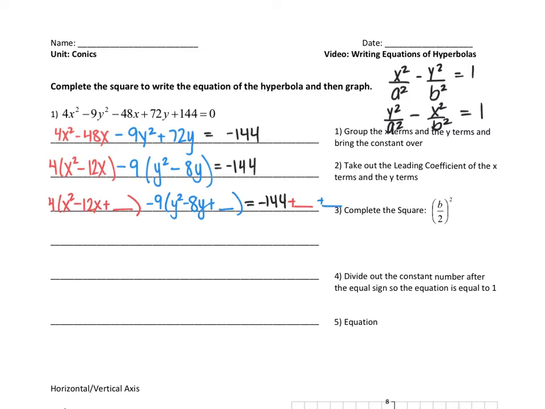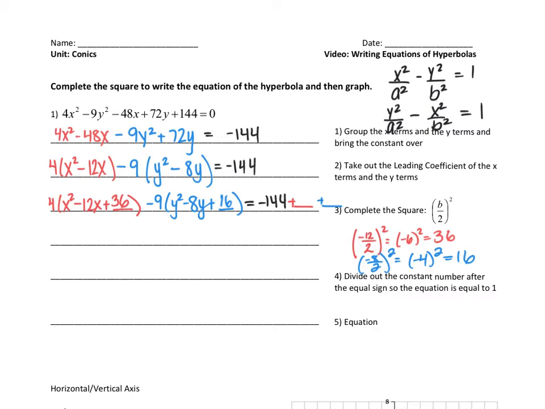So I'll write it out on the side so you have it. The b value is negative 12, divided by 2, squared. Negative 12 divided by 2 is negative 6. Negative 6 squared is 36. So that's what's going to go there. The b term for the y's is negative 8. So we're going to do negative 8 divided by 2 squared, which is negative 4 squared, which is positive 16.